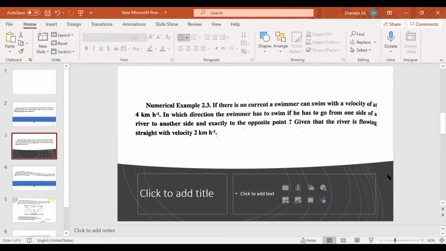And the person can swim with a speed of 4 km per hour. And the question is, in which direction does the swimmer have to swim if he has to go from one side of the river to another side and exactly the opposite point?